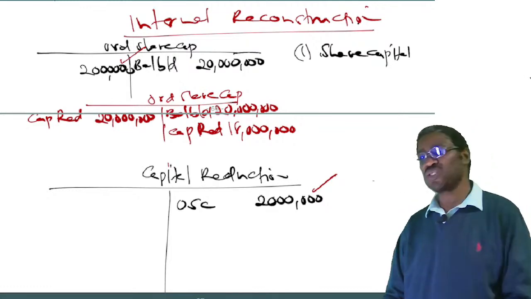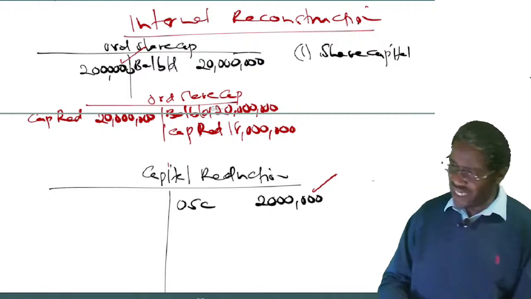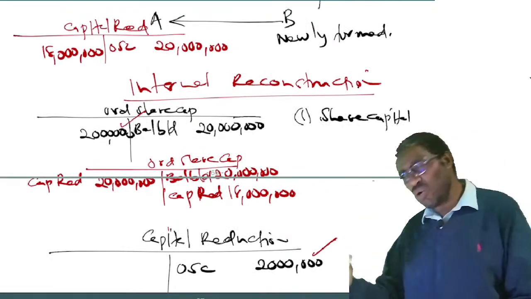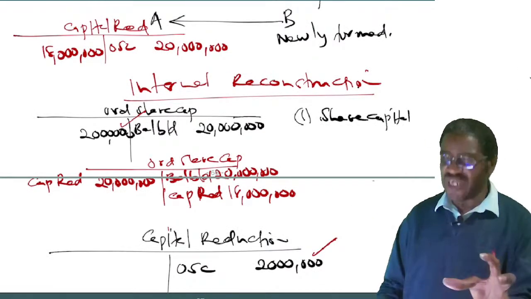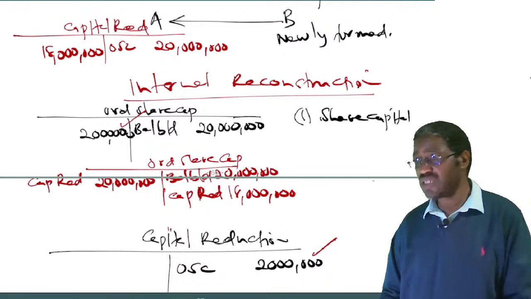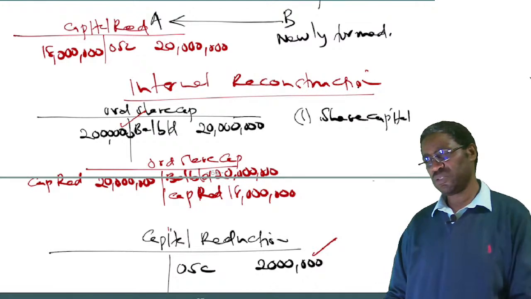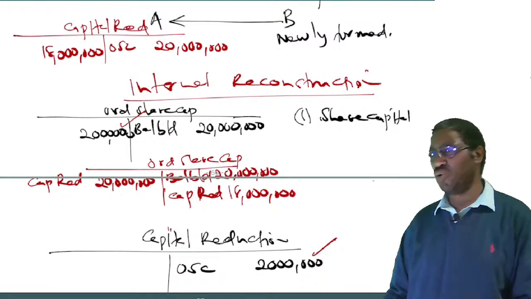Other questions, instead of using the amount written off per share, tell you to cancel the old shares and replace them with new ones. For example, suppose our company had a capital of 20 million and they agreed to cancel the old shares.